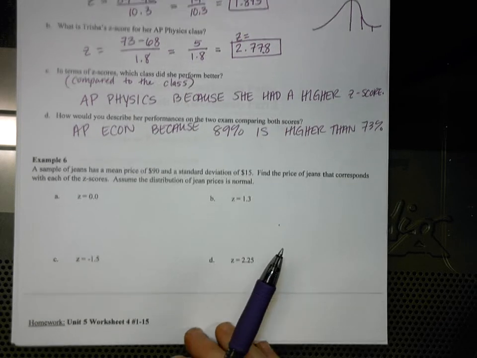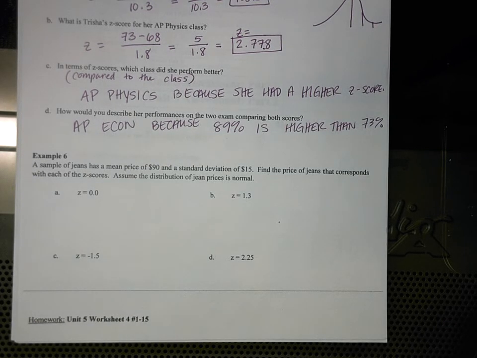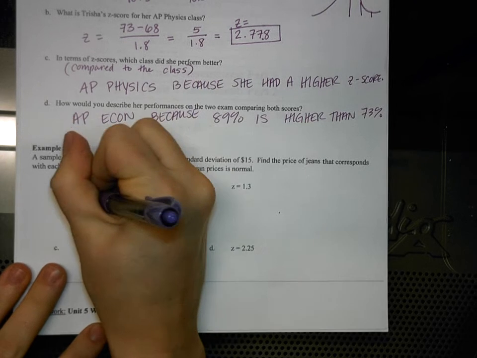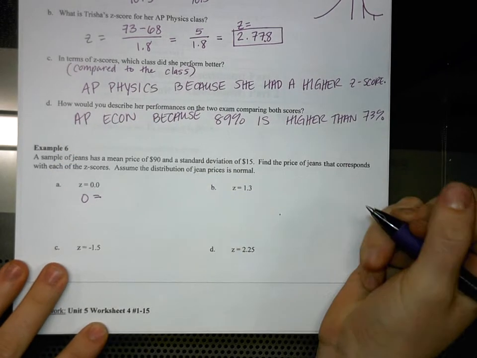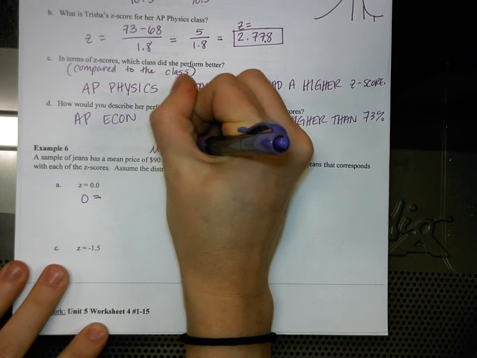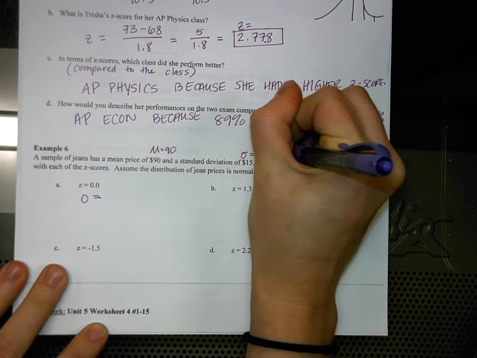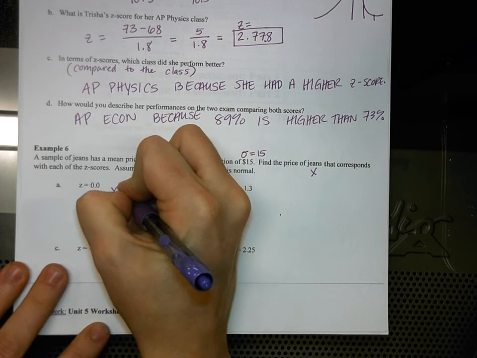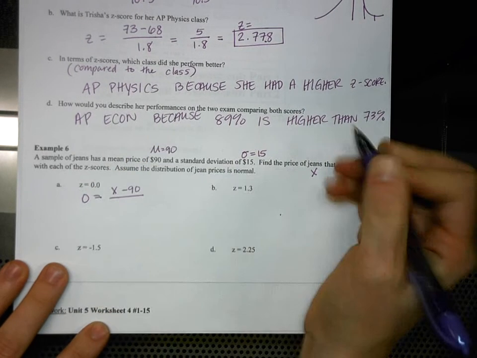Last question. A sample of jeans has a mean price of $90 and a standard deviation of 15. Find the price of the jeans that corresponds with each of the z-scores. So we're going to set 0 equal to, well, the mean is 90 and the standard deviation is 15, so we need to find x. So x minus 90 over our standard deviation of 15.